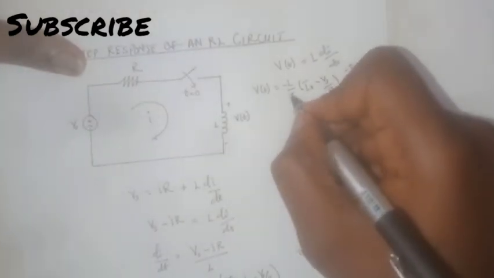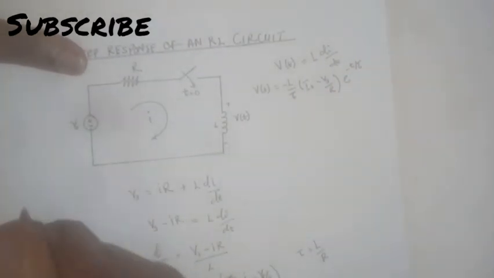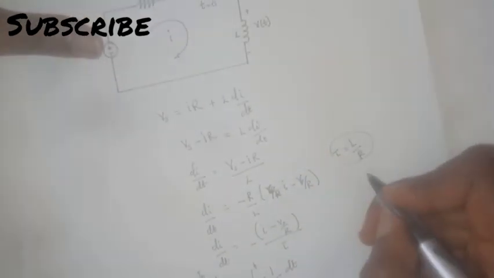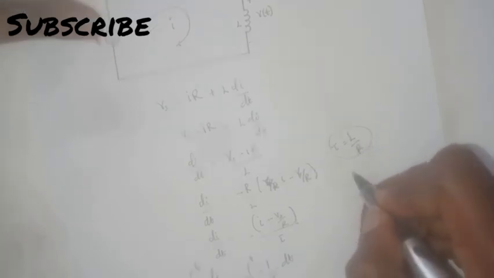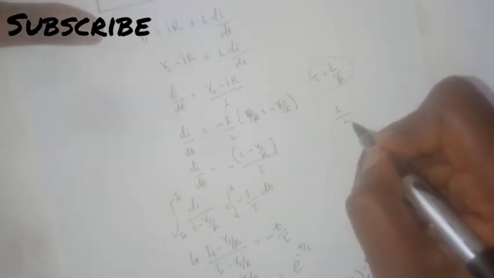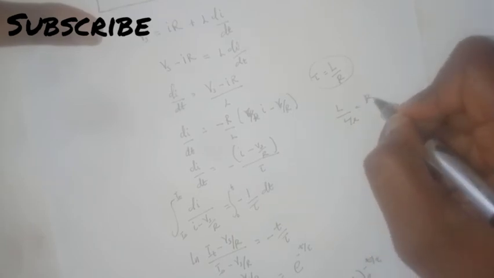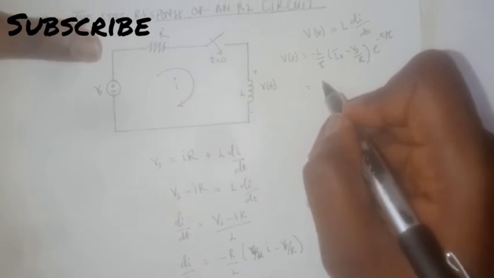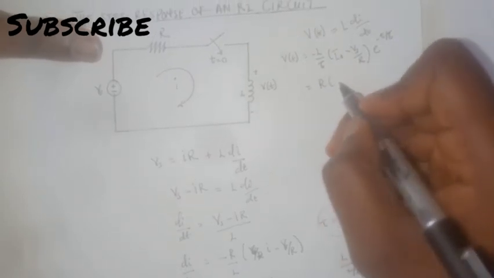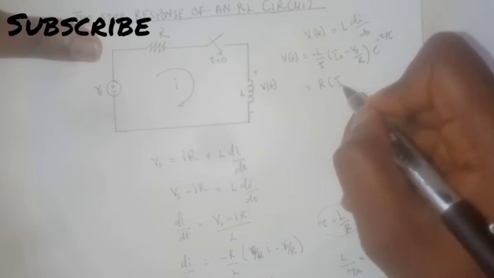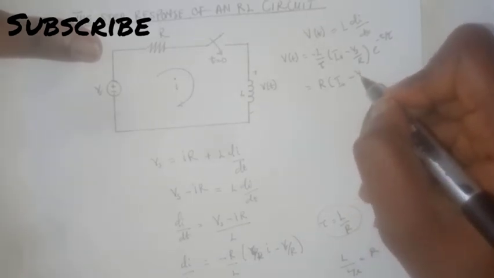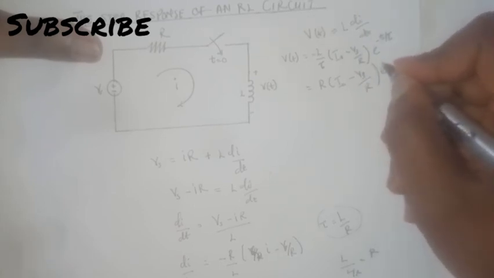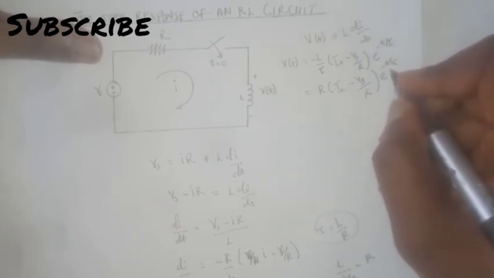Now this is very interesting because tau is L over R. So L divided by L over R would be equal to R. So we can write this as R into (I naught minus Vs over R) multiplied by e raised to power minus t over tau.